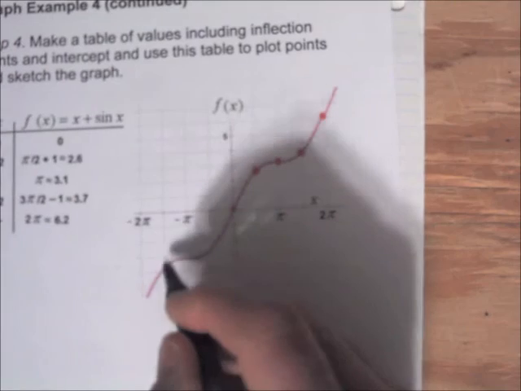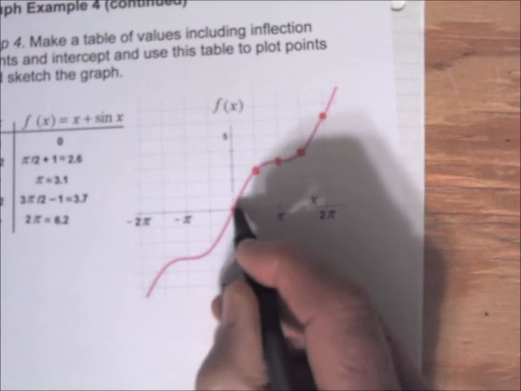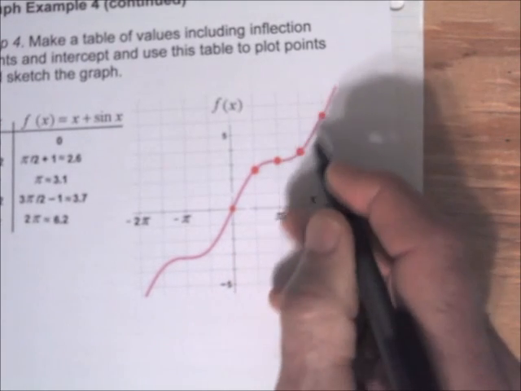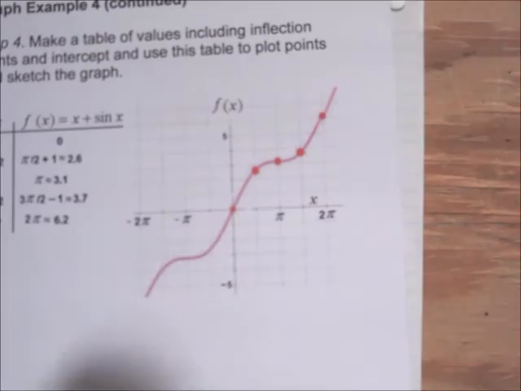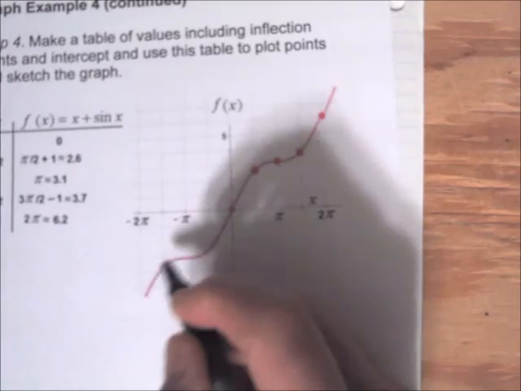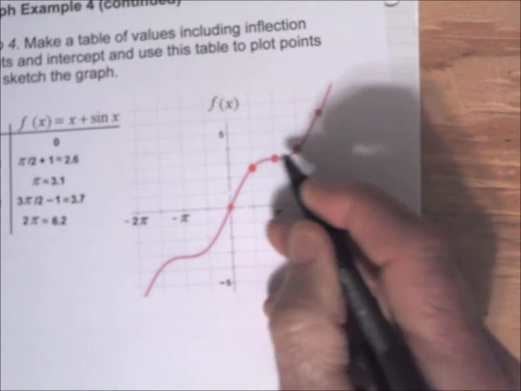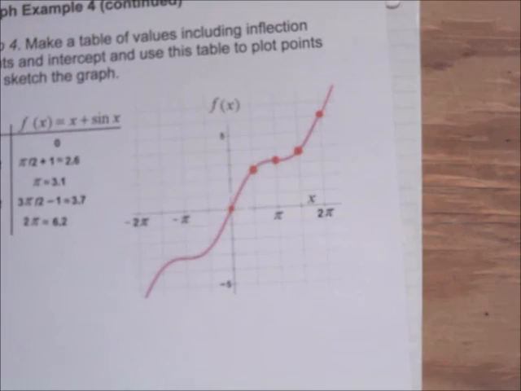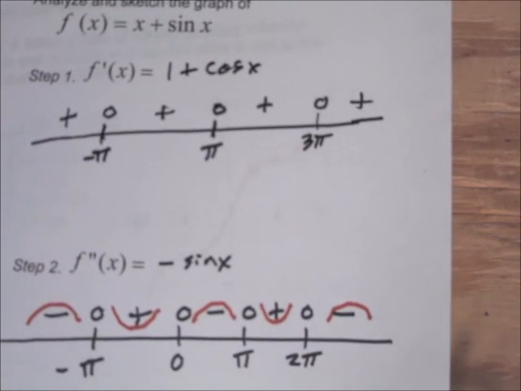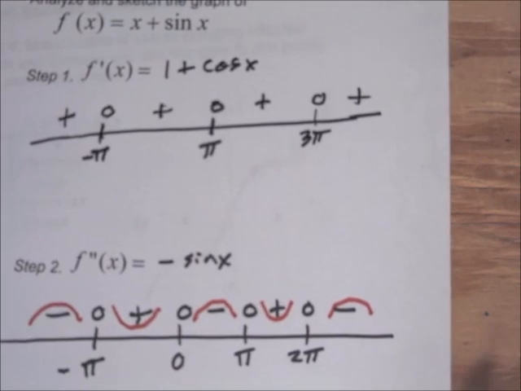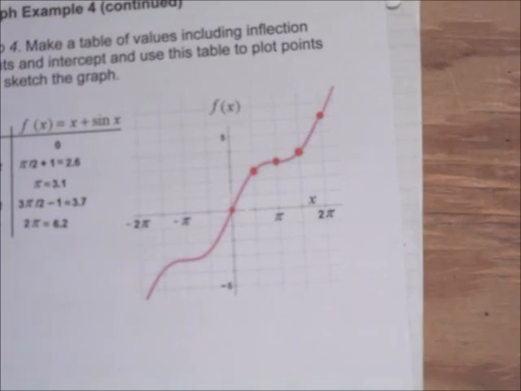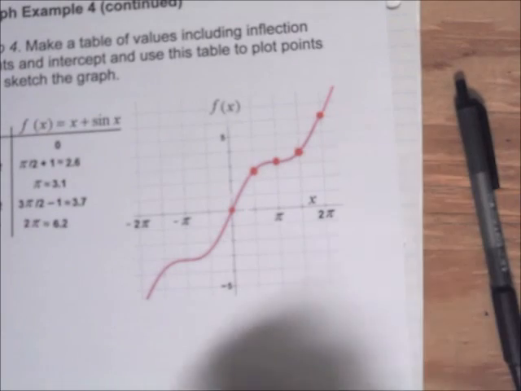So it's positive slope, and that flattens out, and it's positive slope again, and flattens out, and positive slope. And the concavity switches. Here it's concave, it spills water, holds water, spills water, holds water, and so forth. And this sort of verifies that. Okay, so that concludes this presentation.